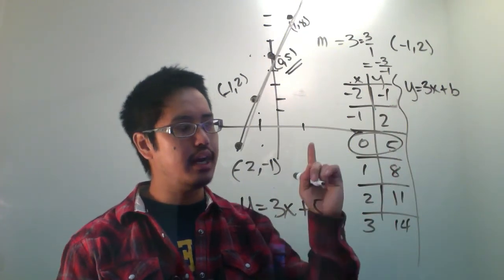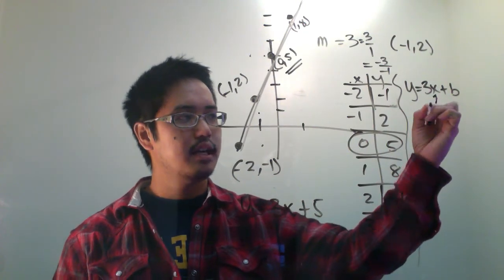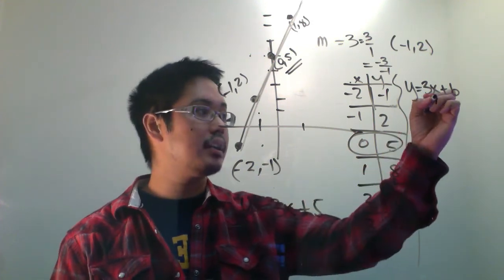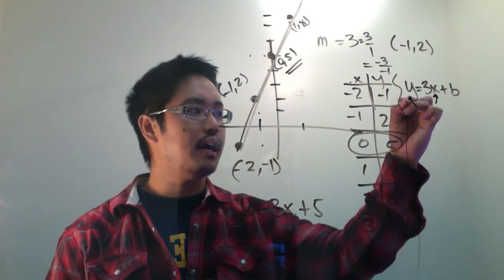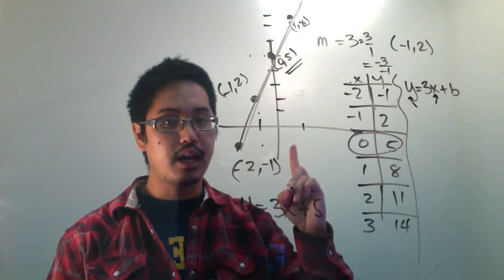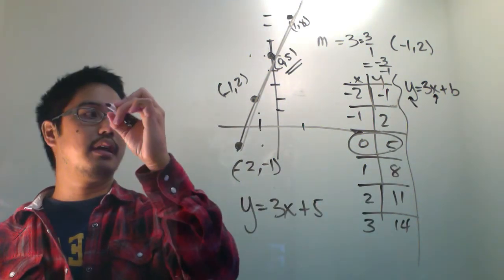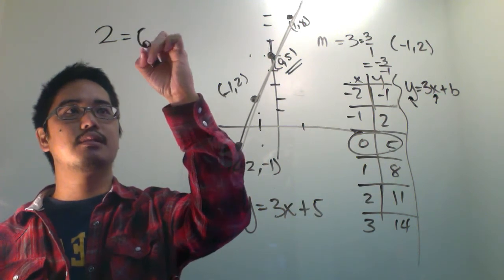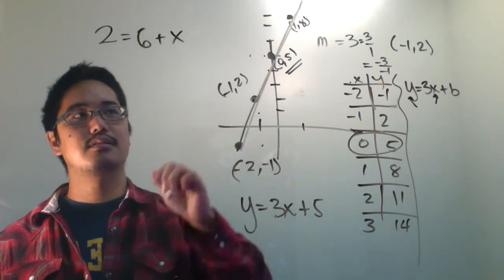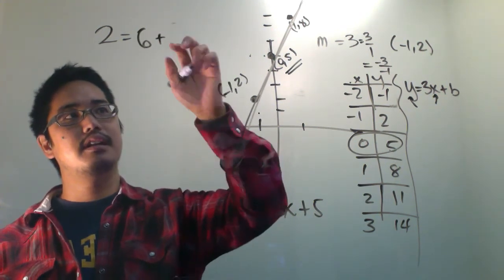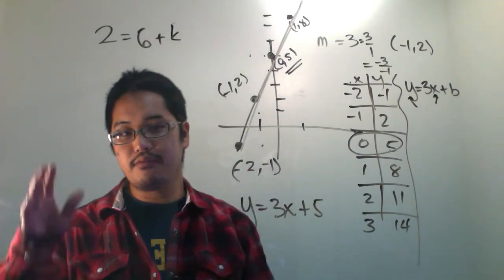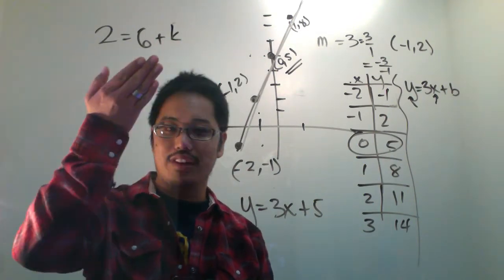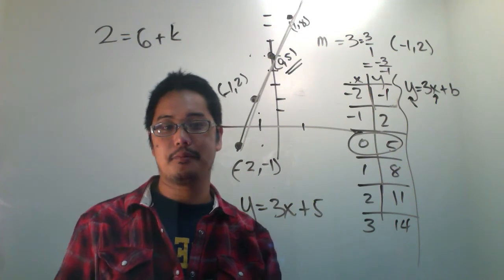If only I had a number for x and I knew the corresponding number for y, because then I would end up with a number like, I don't know, 2 equals 6 plus k. Maybe not an x, let's make it a k or something like that. It's just some unknown variable. I can solve that. That's easy for me to solve.